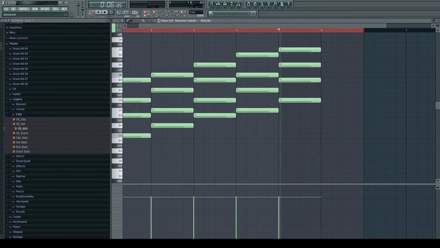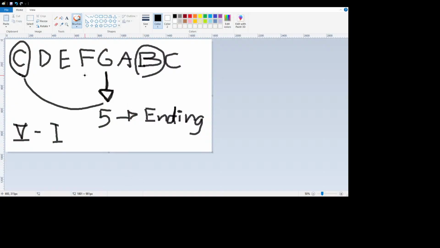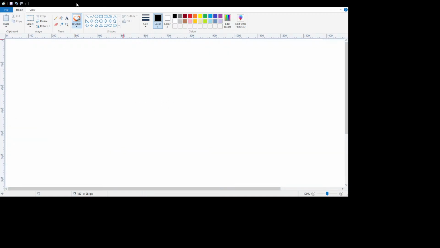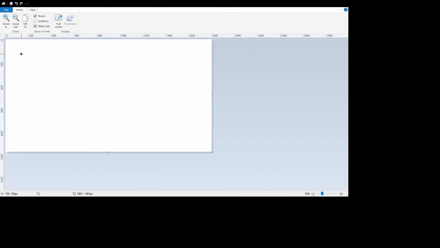So let's see, what's the context? I'm going to use a bit of musical jargon here. So now I'm just going to put in the numbers 1, 3, 4, 5, 6, 7, and then 8.